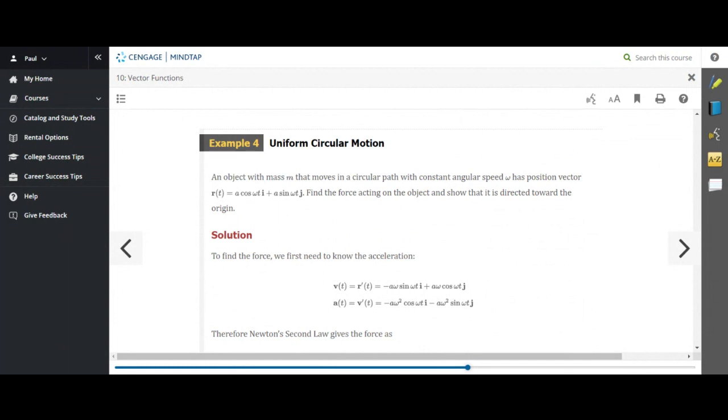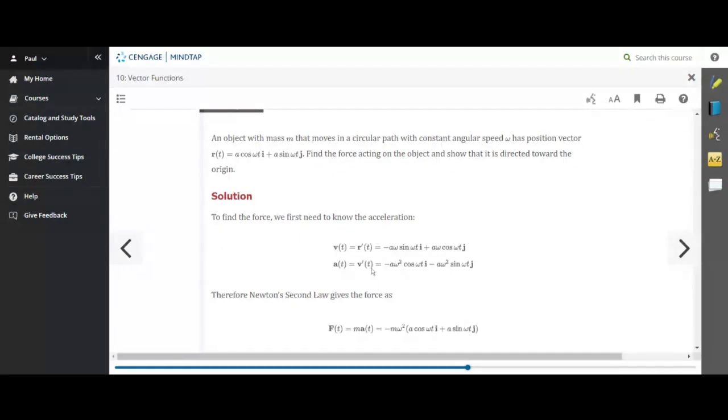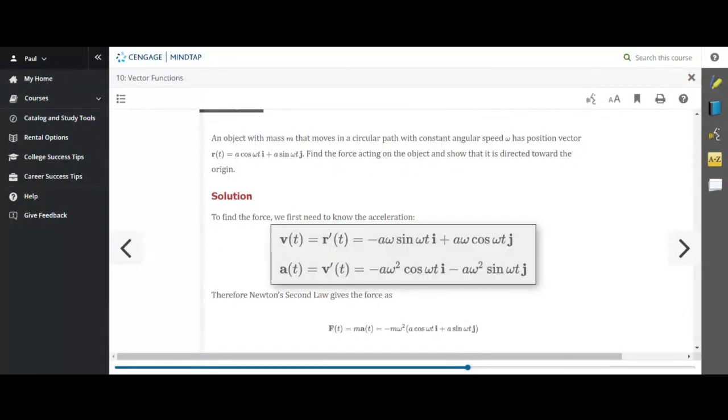We recognize that moving in a circle, the parametric equations cosine and sine are going to be needed, right? And the a just lets the radius vary. They want you to find the force acting on the object and show that it is directed towards the origin. To find force, they seem to be wanting to find velocity and acceleration, those vectors.